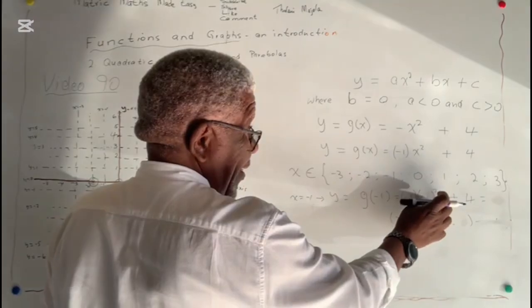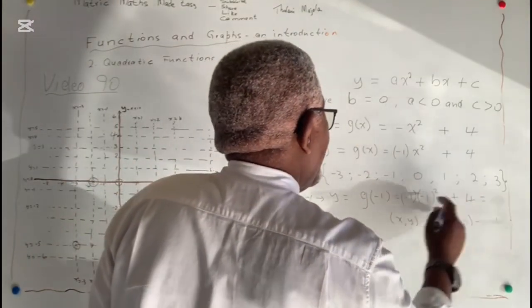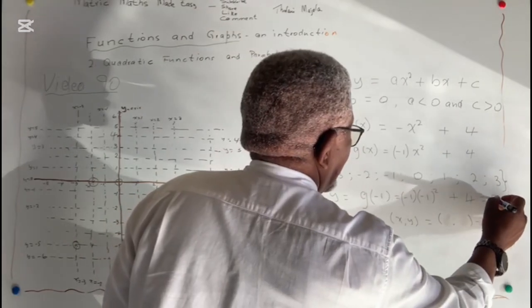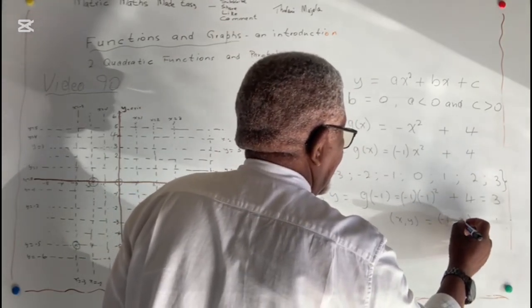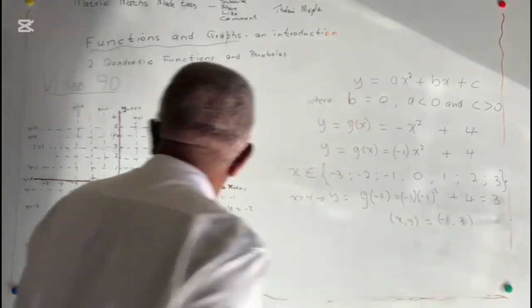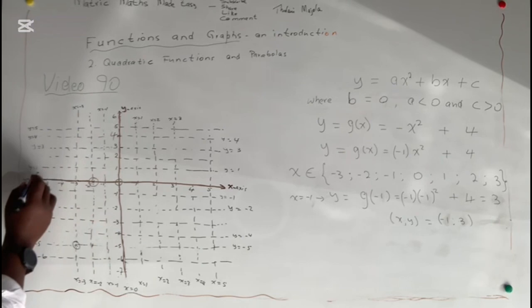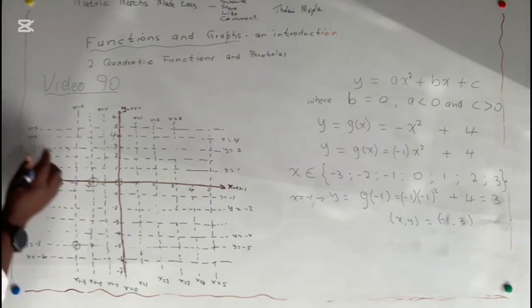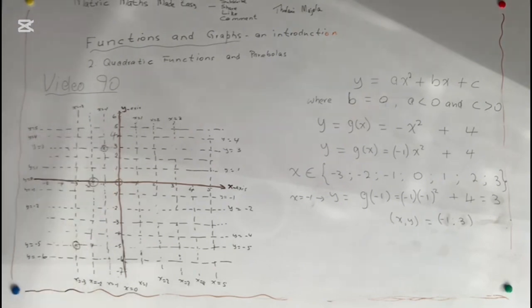Negative 1 squared is 1, times negative 1 is negative 1. So negative 1 plus 4 is positive 3. So we've got a point x and y, negative 1 and positive 3. And x is negative 1 on this vertical line here. y is positive, so it's above the x-axis. 1, 2, 3, y is 3. So we've got a point there.